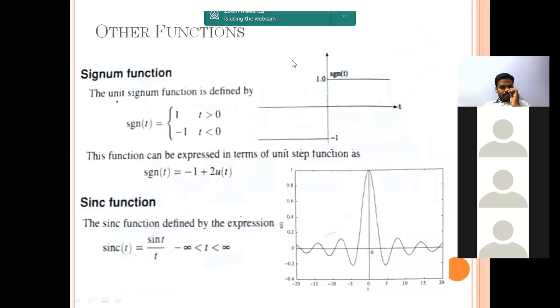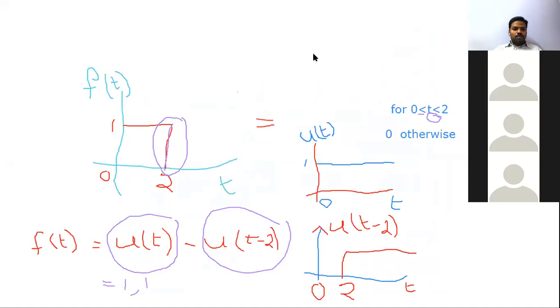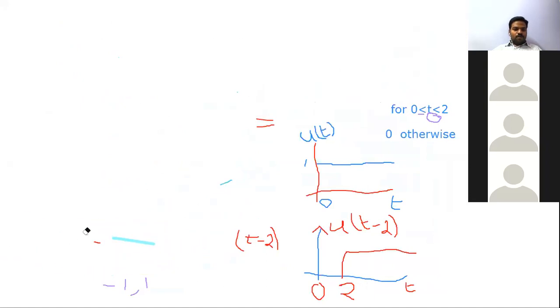Now see here. Now I'm going to explain why I'm using the word slope. Slope changes.